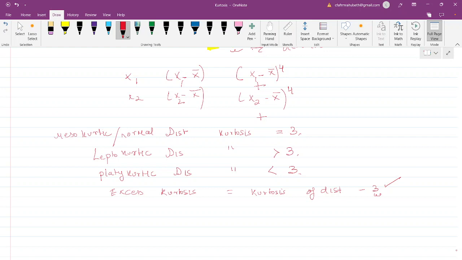So the excess kurtosis of a normal distribution is going to be 0. Why? Because the kurtosis of a normal distribution is 3, and while we calculate excess kurtosis, we deduct 3. So 3 minus 3 is 0. And the excess kurtosis of a leptokurtic distribution is going to be more than 0. Why?